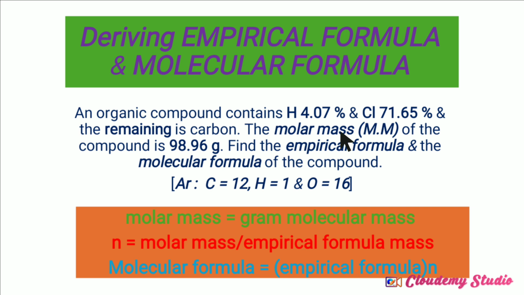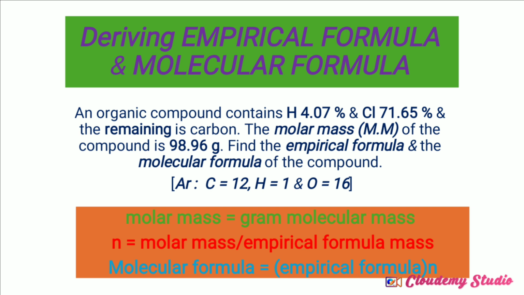In the given question, the percentage mass of hydrogen and chlorine are given, but carbon is not given. So first we need to calculate the percentage mass of carbon. To calculate it, the percentage mass of hydrogen and the percentage mass of chlorine need to be added together.